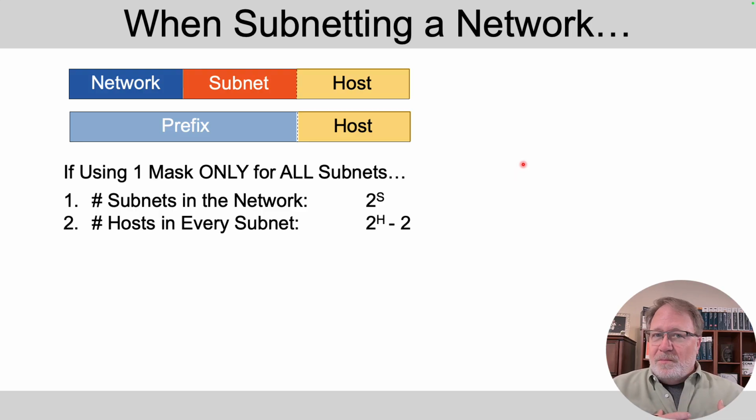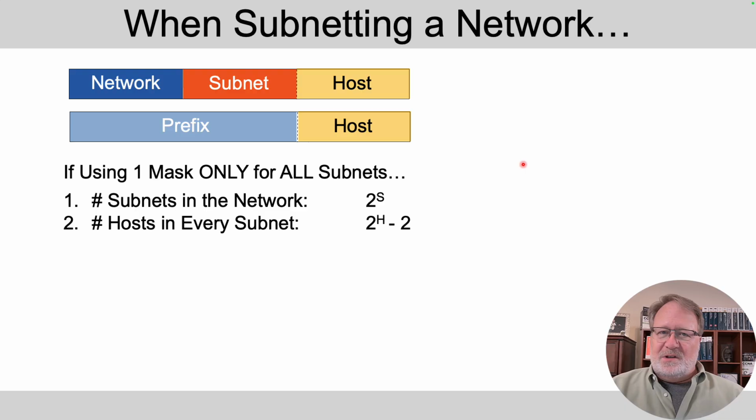Now, the designer makes a design choice about a big concept, saying, do I want to use one mask and one mask alone for all subnets, or do I want to use different masks for different subnets? Both are valid choices. If you use different masks, you can make large subnets, medium-sized, small subnets.